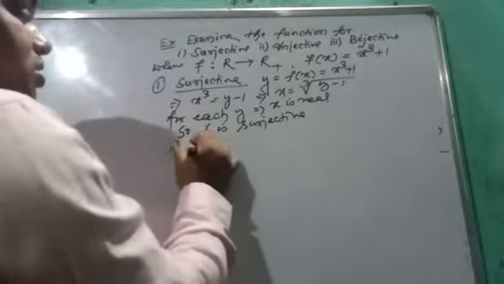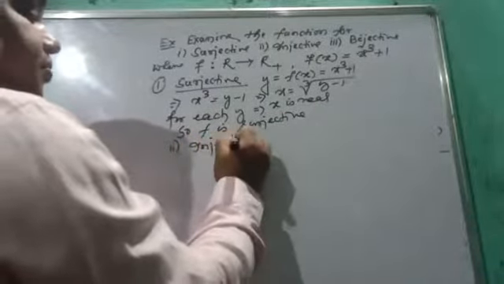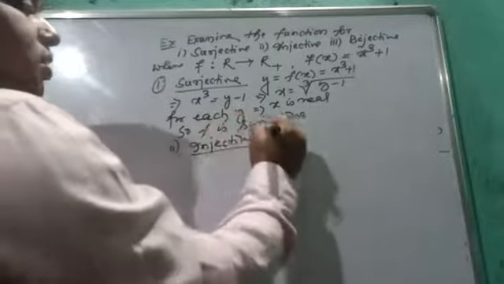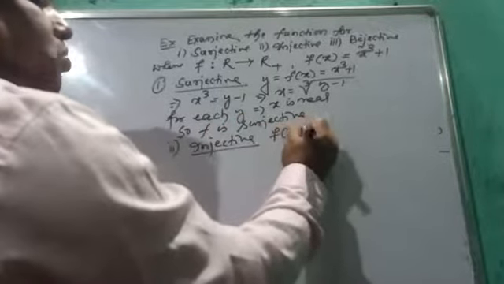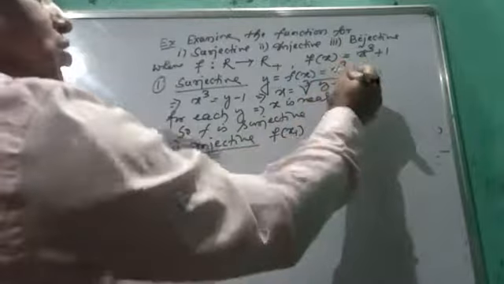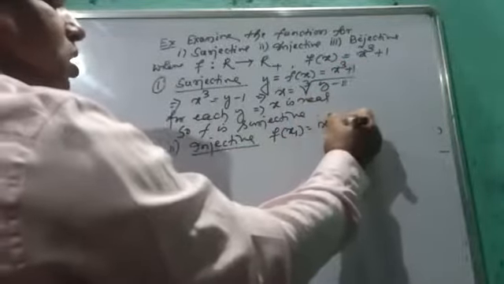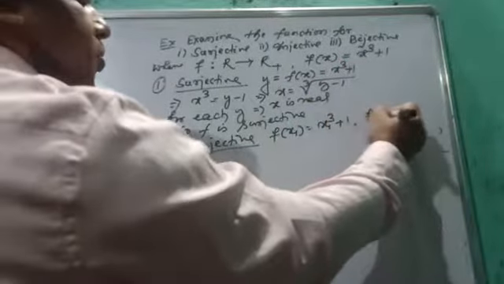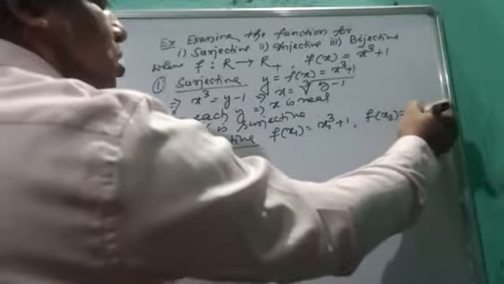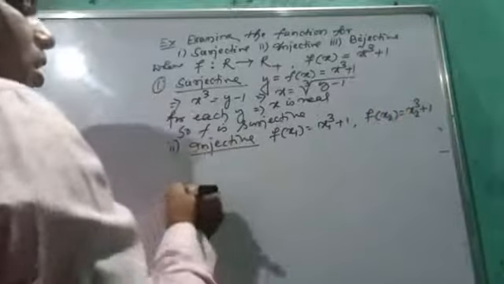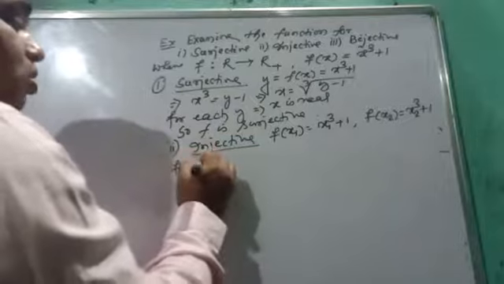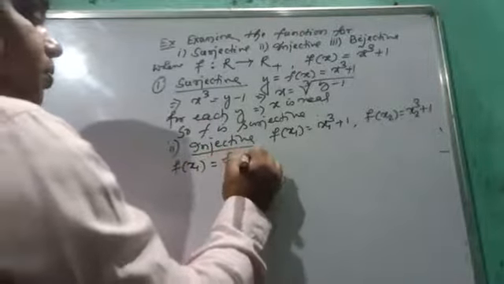Then the second one is injective. Now we take f of x1, which is x1 cubed plus 1, and f of x2, which is x2 cubed plus 1. Now we take f of x1 equal to f of x2.